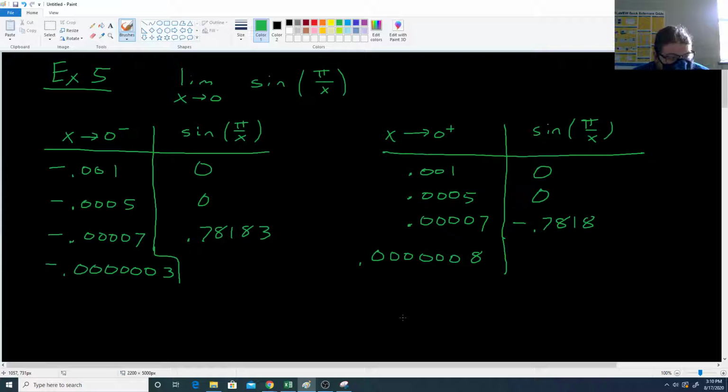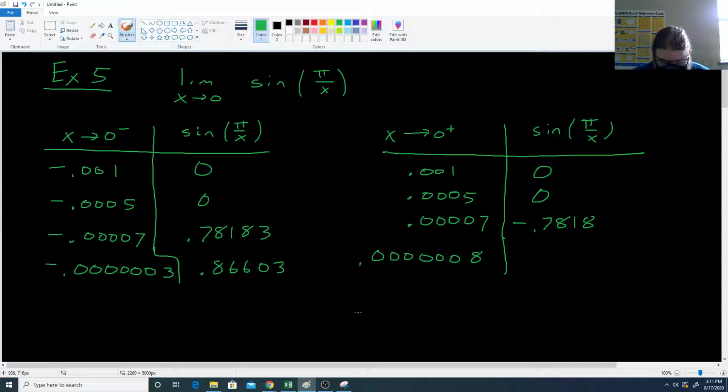So let's look at 0.1, 2, 3, 4, 5, 6 zeros, and then a 3. I'm sorry, let me look at negative. Okay, so negative, 6 zeros, then a 3. That gives me positive 0.86603.